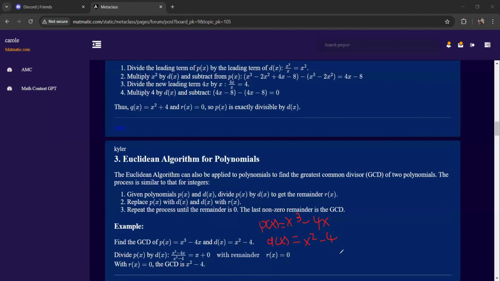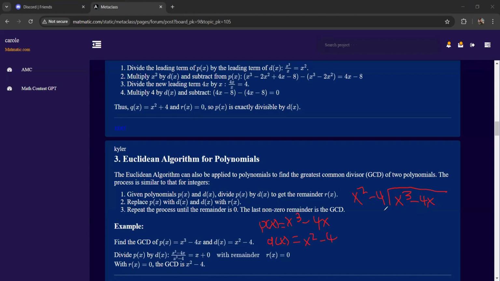dividend and divisor. So once again, we can just put this into long division form, but it's not really needed, but I'll just do it so it's easier to understand. x cubed minus 4x.